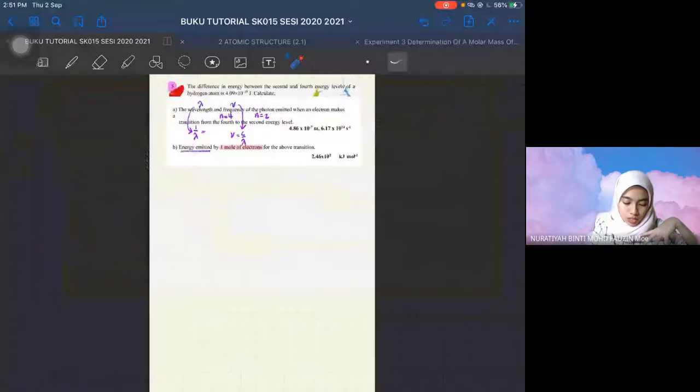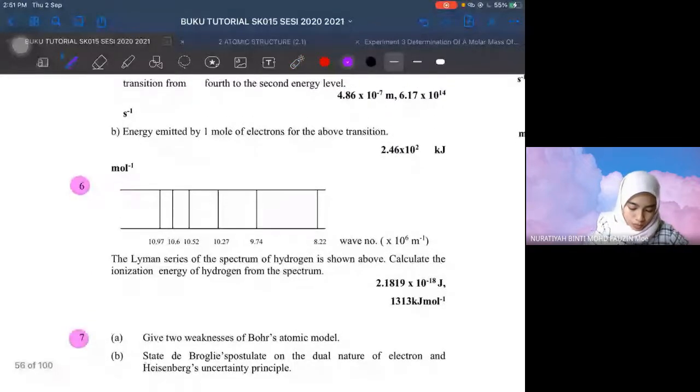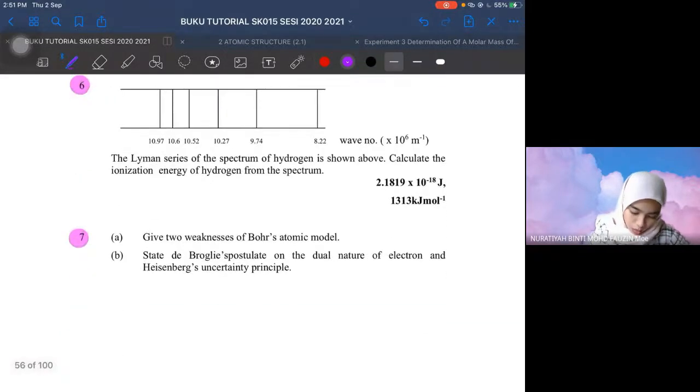So next, number 6. Ada masalah tak? Ionization energy. Okay, kita buat lagi. Tak ada. Okay, yang ni guna formula apa? So since kat sini, okay, yang ni awak diberi wave number. Wave number. Okay.